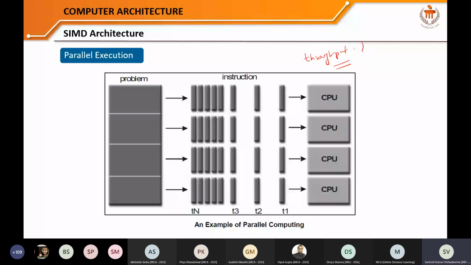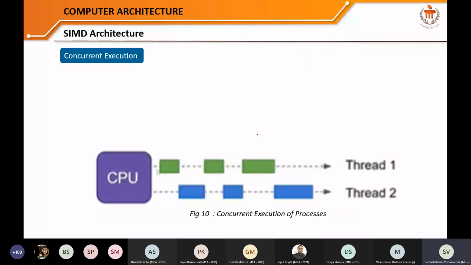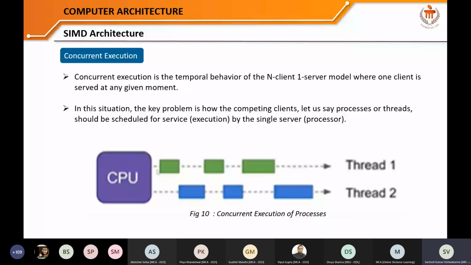Now let us see concurrent execution. Very important phenomenon. Let me go to this point, and then we'll elaborate with all the merge algorithms also. Concurrent execution is the temporal behavior of the N-client one-server model, where one client is served at any given moment.